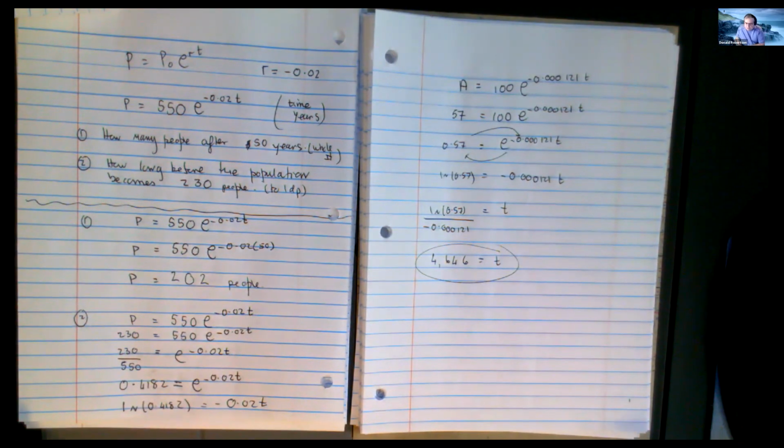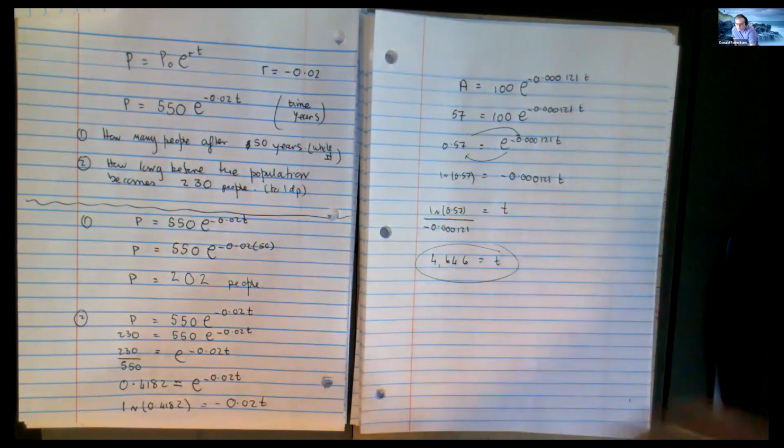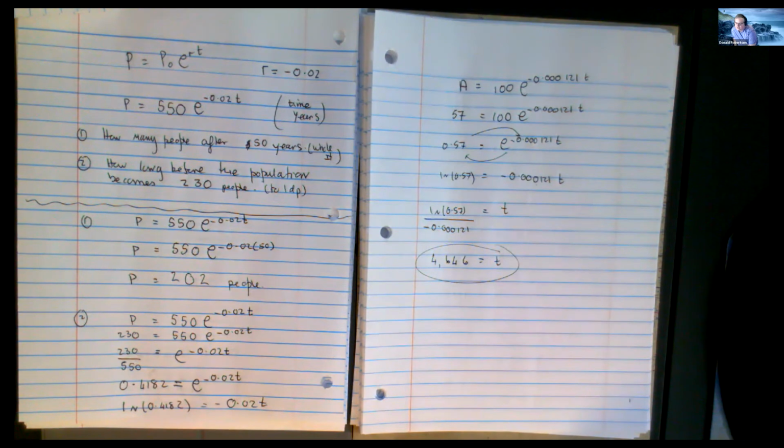So if you've ever seen programs on TV, archaeologists, and they're digging up some buried ruin of a town or maybe a native community's village, and they say, we've done some carbon 14 dating, and this particular village was being inhabited 4,646 years ago.